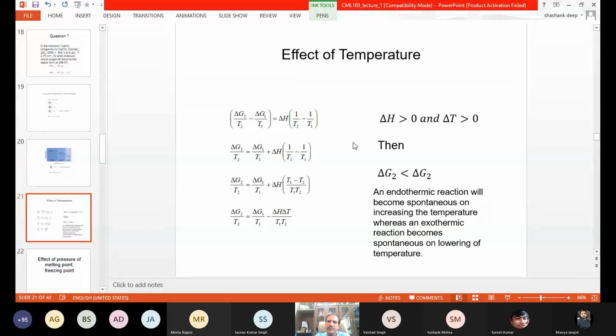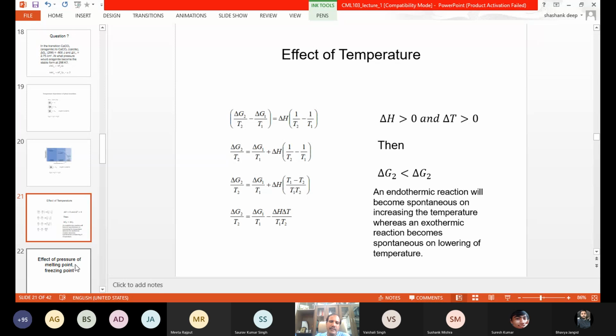So a reaction has different delta G at different temperatures. Is this okay? Any other question? No? Okay, so this is the effect of temperature.